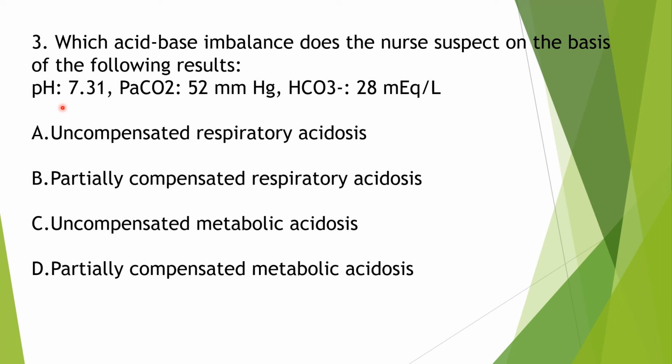Again, if you are looking at the question, the pH shows acidosis, PaCO2 also shows acidosis, and this is showing alkalosis. That means two are showing acidosis. That means the thing is related to PaCO2. That is respiratory. Partially compensated respiratory acidosis. If you don't understand, no problem. The next slide will explain a little more in detail.